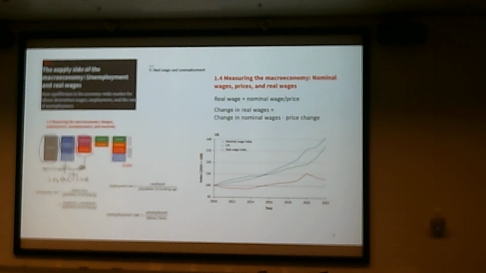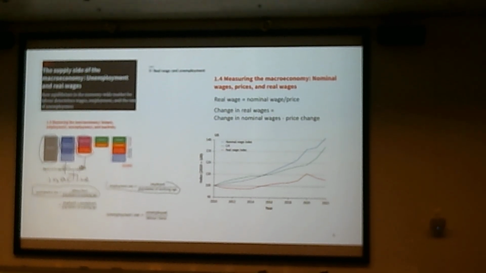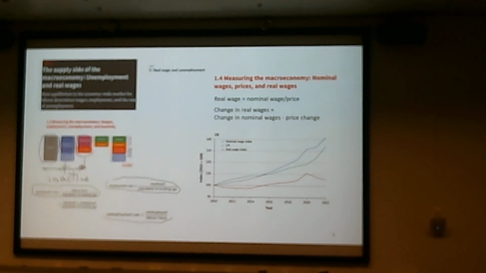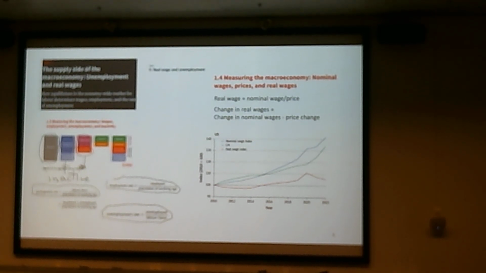It goes up and down with the business cycle. But for you, it's important to know the difference between participation rate, employment rate, and unemployment rate. If we look at participation rate, then we use the labor force.